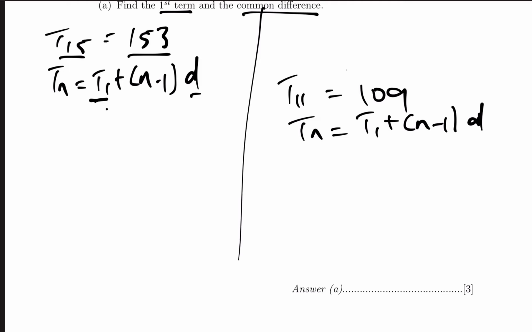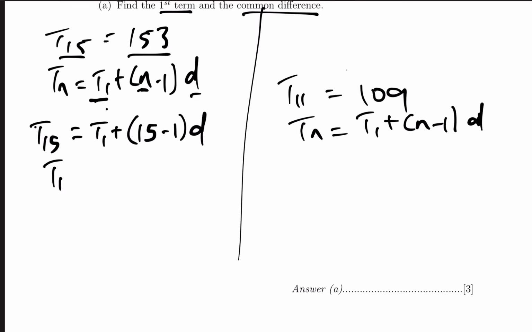Now we have Tn is equal to T1 plus (n minus 1)d. Where there's n, I will put 15 for this first equation. So term number 15 is equal to T1 plus, where there's n, I put 15, so that's 15 minus 1 times d.